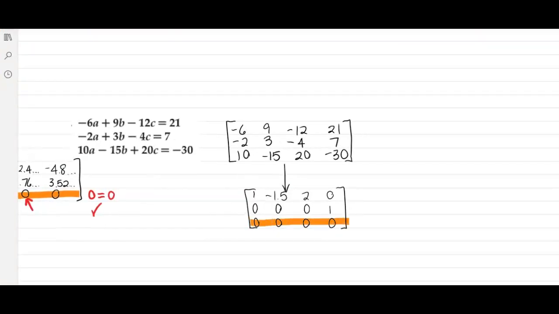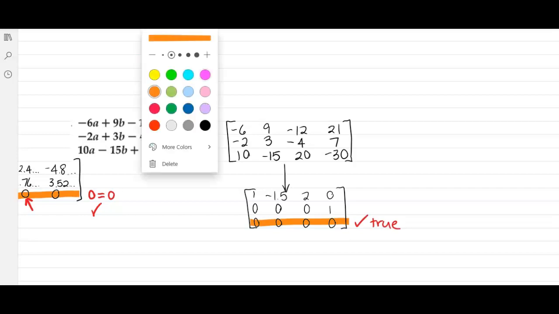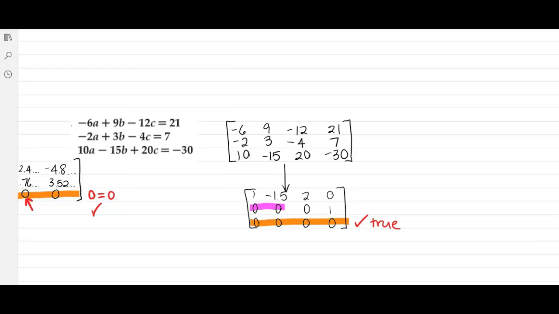This line is true. 0 equals 0. But if we look above to the line right before that, we have 0 equals 1, which is not true. And when that happens, we end up with no solution.